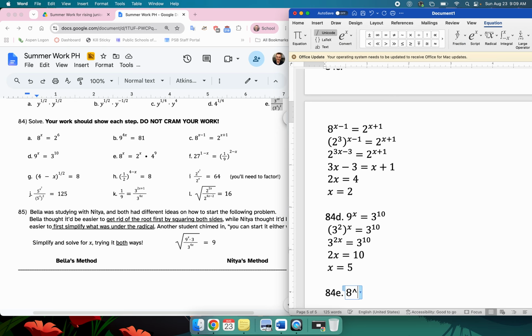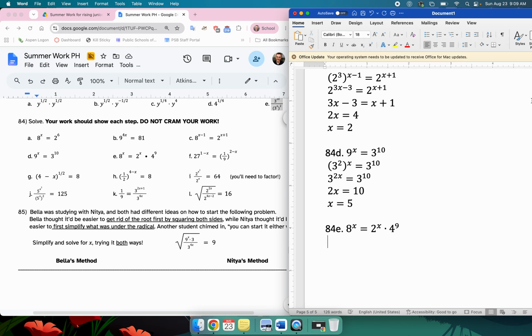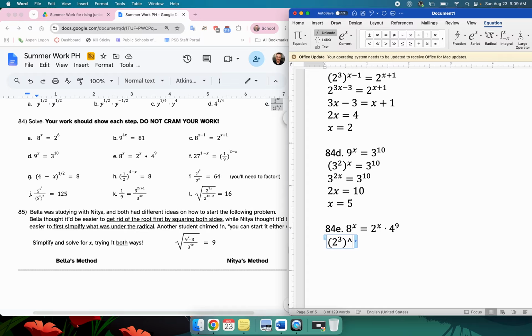84e, I've got 8 to the x is equal to 2 to the x times 4 to the 9th. Everything here is a power of 2, so that's 2 to the 3rd to the x is equal to 2 to the x times 2 squared to the 9th. So that's 2 to the power of 3x is equal to 2 to the x times 2 to the power of 2 times 9, which is 18.